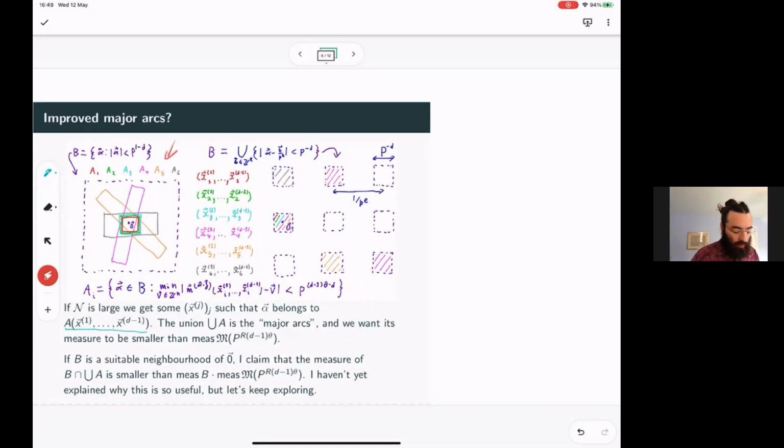And what's on the left is a visual representation of that. The different colorful boxes correspond to different choices of solution.